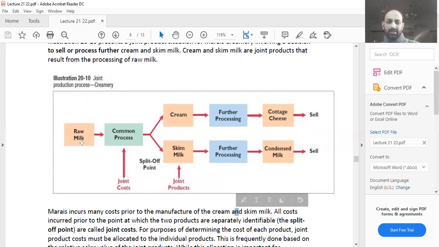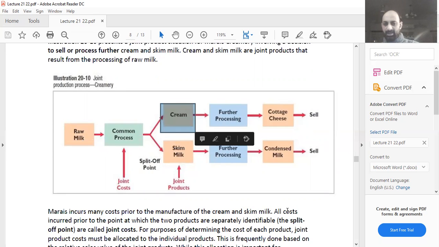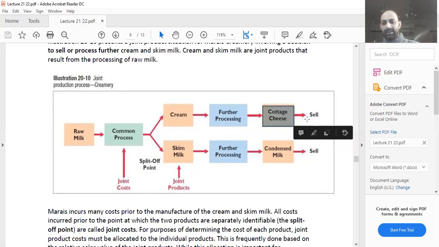So when you put in raw material, through a common process, you divide it into cream and skim milk. Now the question is, once you have got cream, should you process it further and then sell, or sell it at this stage? If you process the cream further, you can get cottage cheese from it, and you can sell this cottage cheese.